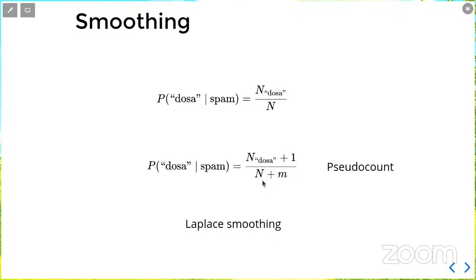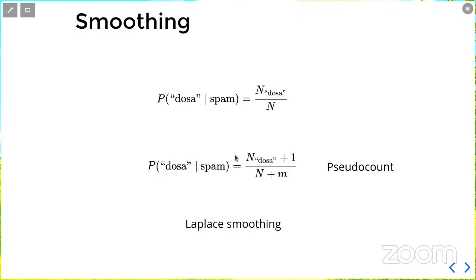Whether it's there or not, you add 1 to it, so make the count of that word 1. If you have m words in your vocabulary, the denominator will now become n plus m, and the numerator will become n dosa plus 1. So even if n dosa is 0, I'll have some non-zero probability for dosa.